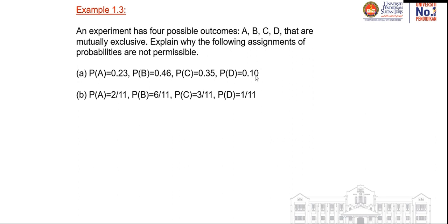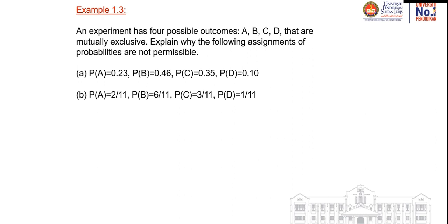When you total up, PS is equal to 1.14 for question A. Obviously 1.14 is greater than 1, even though PS should be maximum 1. That's why for question A, the combination of probabilities is not permissible, because the total probability is greater than 1.